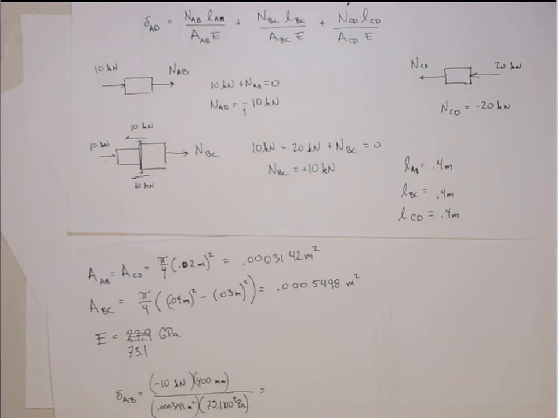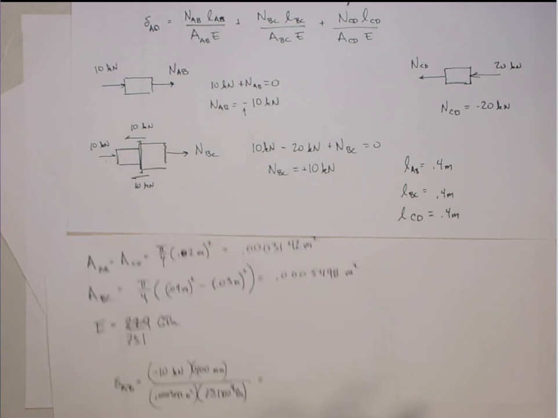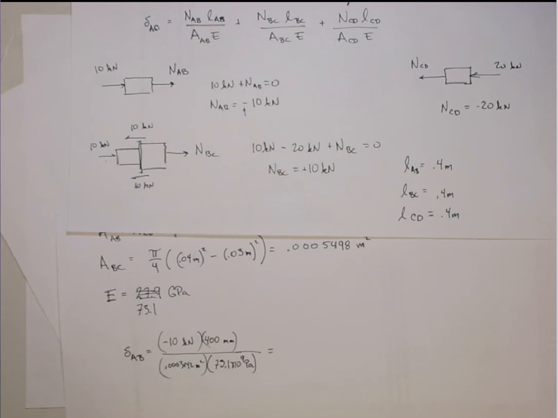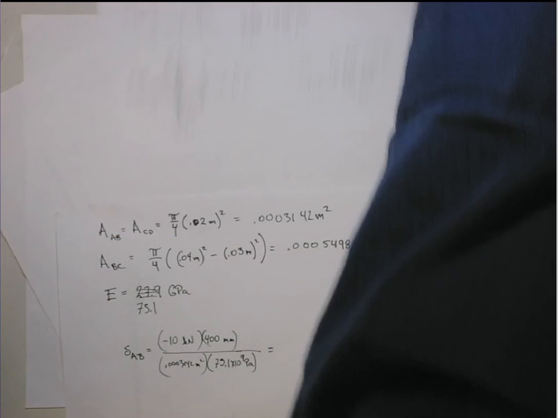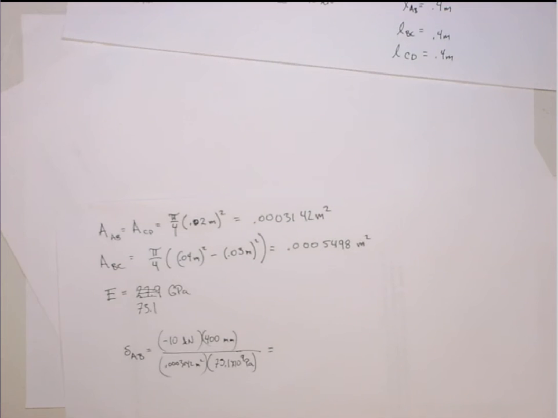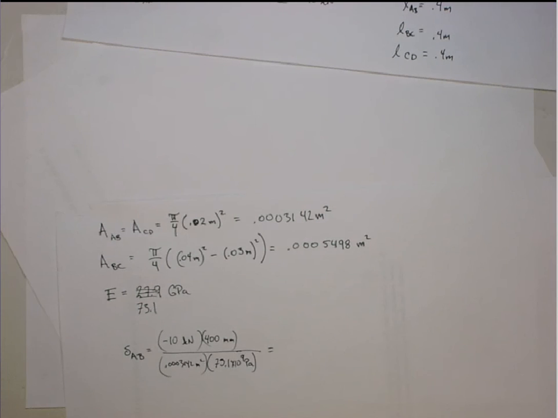And when I do this calculation, the 10 to the 3rd of the kilonewtons cancel out with 10 to the minus 3rd of the millimeters. So that gives me 4,000 on top.